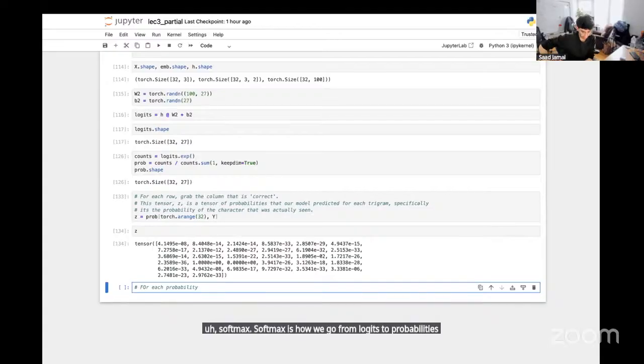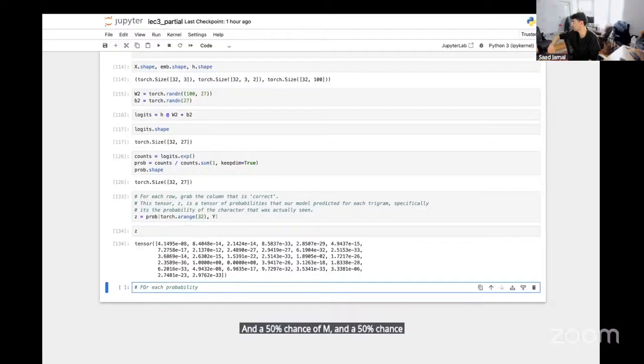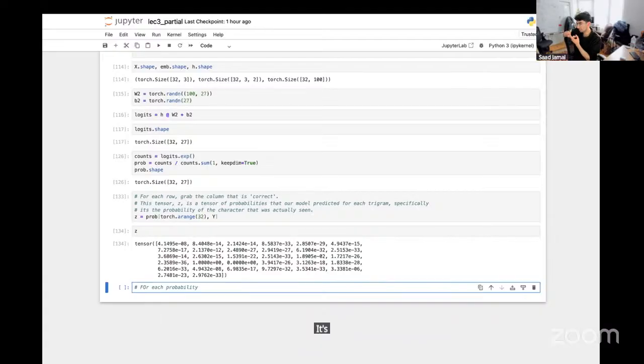Once I have my probabilities, let's think about this intuitively, right? Let's say, for example, we're doing the name Emma, and our model put a 50% chance on E, a 50% chance on M, a 50% chance on M, and a 50% chance on A. What's the probability that our model will predict Emma? It's 50% times 50% times 50% times 50%, right?